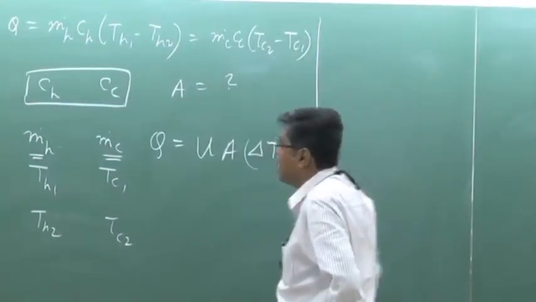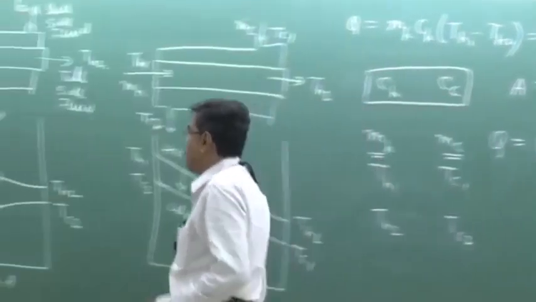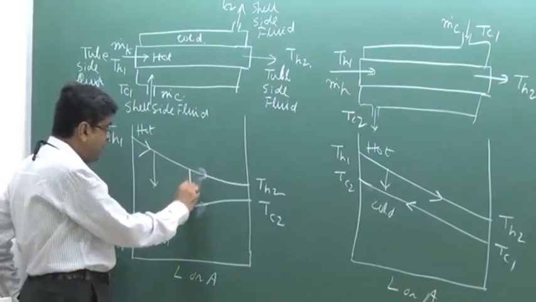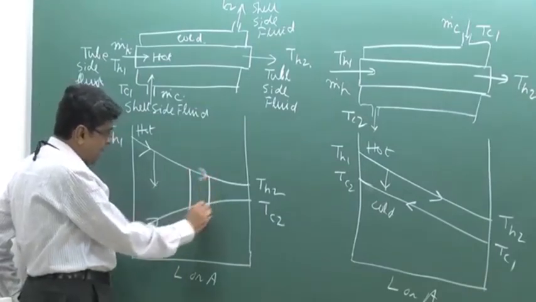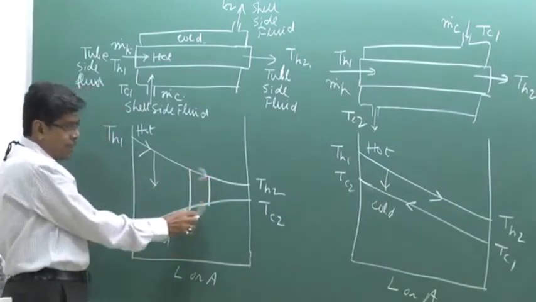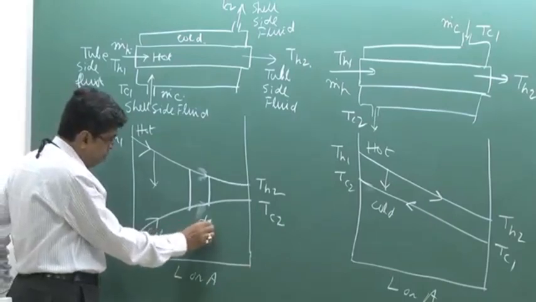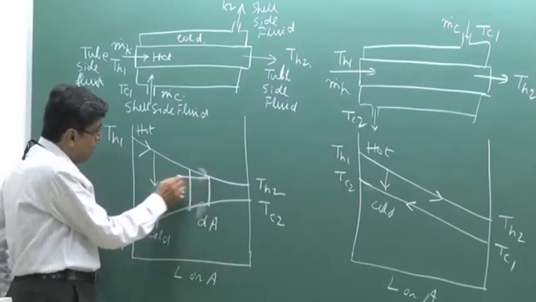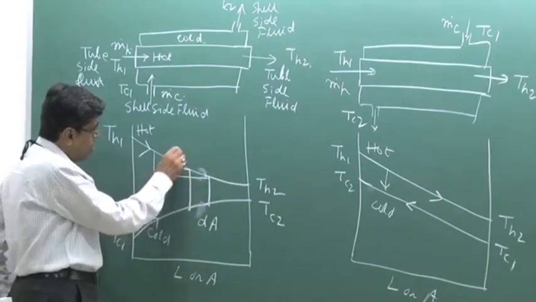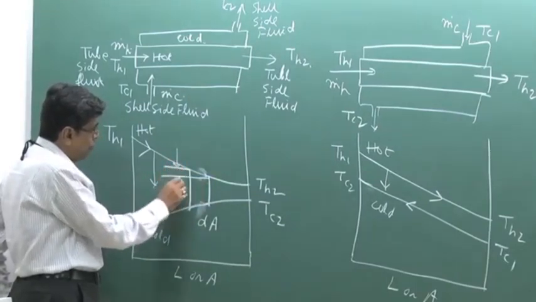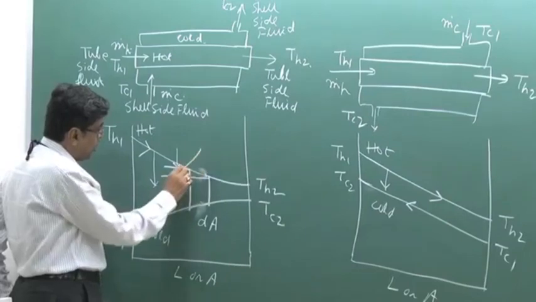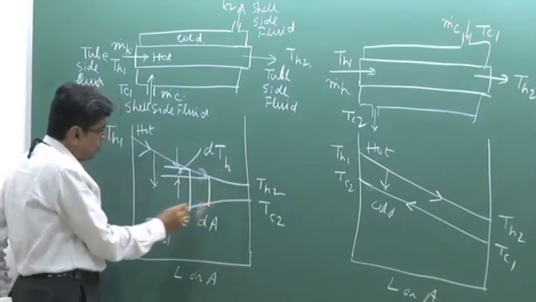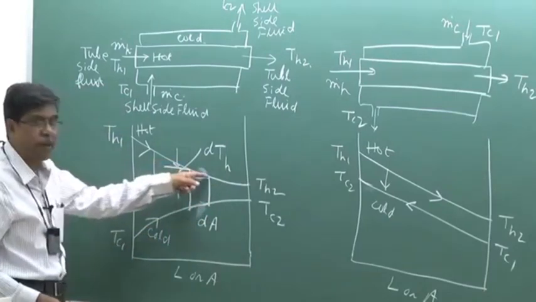Let us consider the parallel flow case and an elemental area in this exchanger, dA, where we have a change in hot fluid temperature, which is denoted by dTH, and this is a decrease in the temperature.